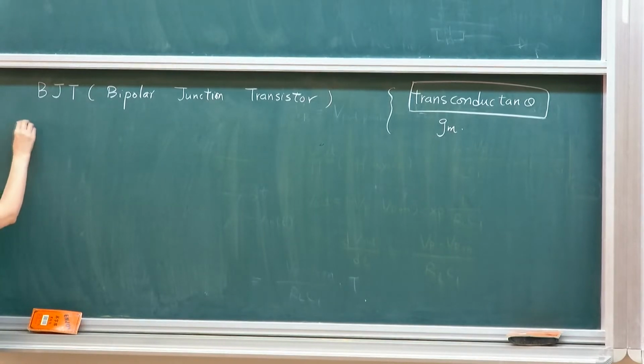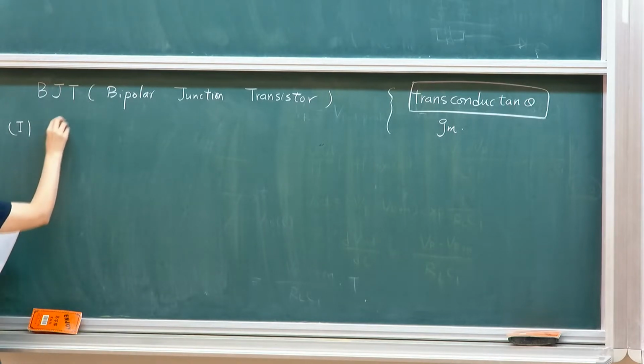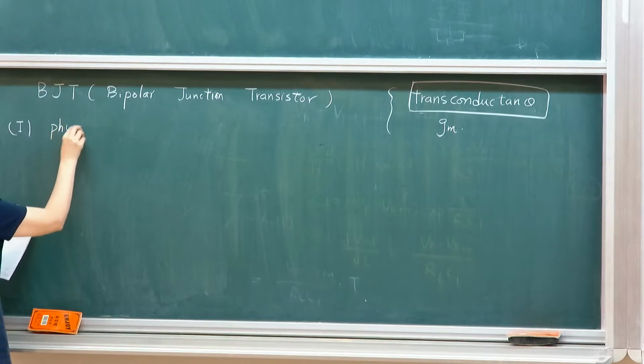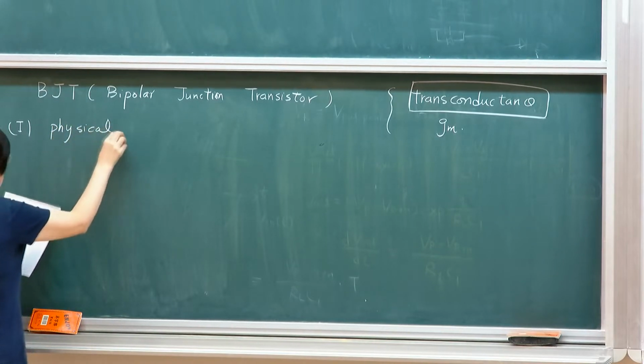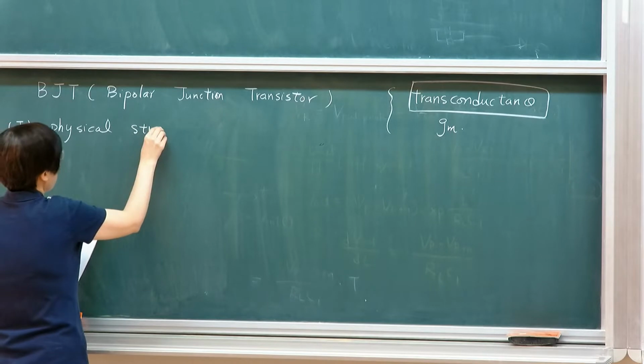Before we go into the details of the importance of having a transistor, let's first describe the physical structure of a bipolar junction transistor.